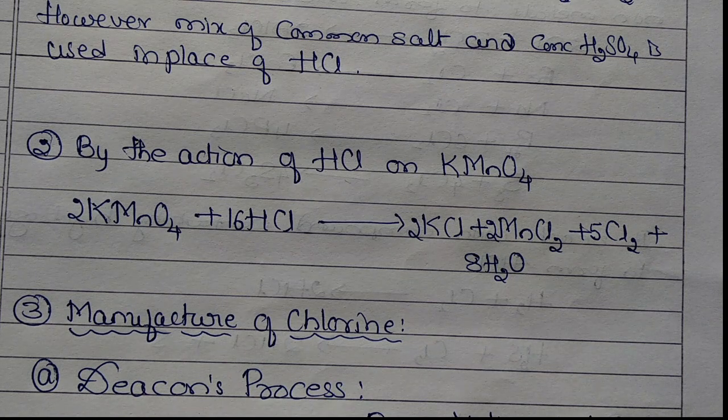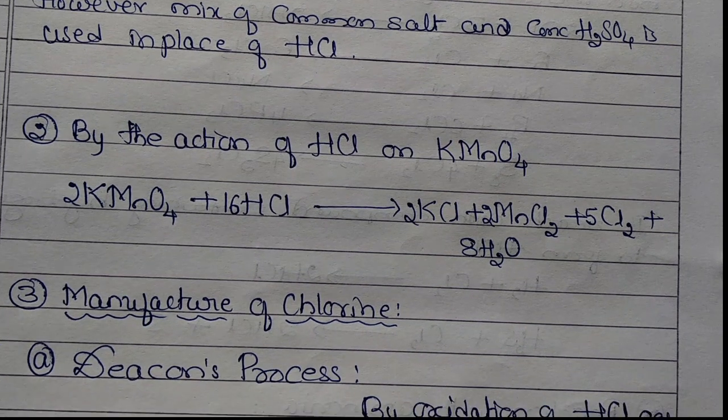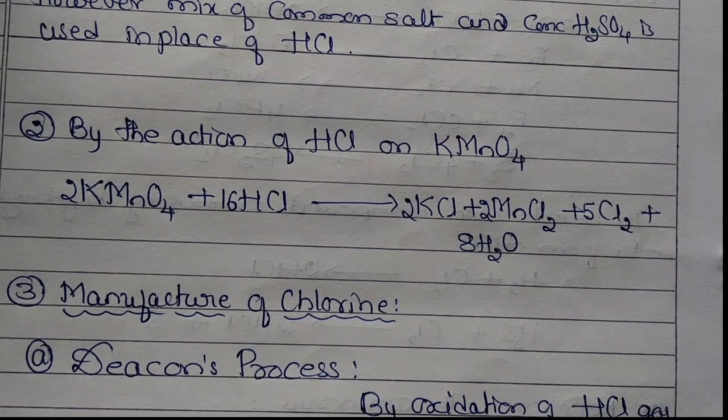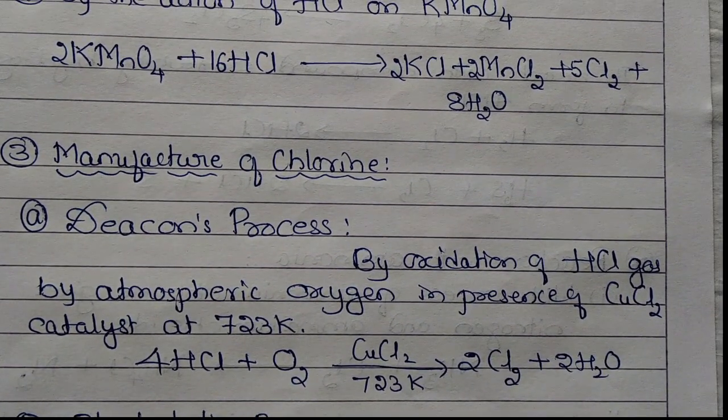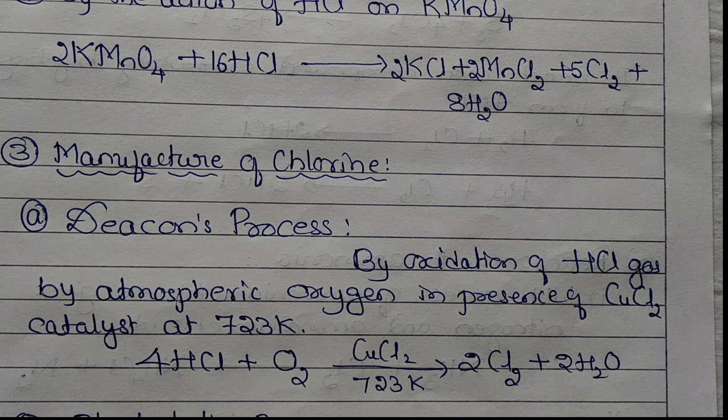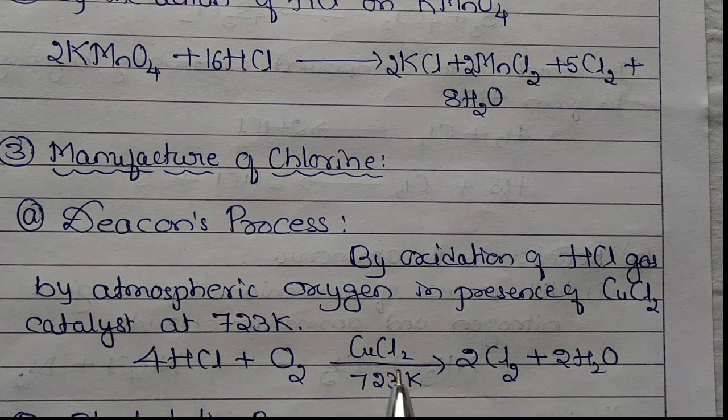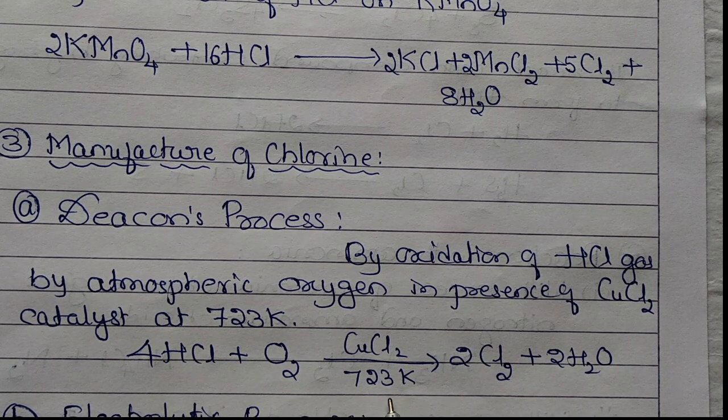We get chlorine gas. The reaction is 4 HCl plus O2 in the presence of a catalyst, cupric chloride, at about 723 Kelvin. We get chlorine gas liberated along with water.